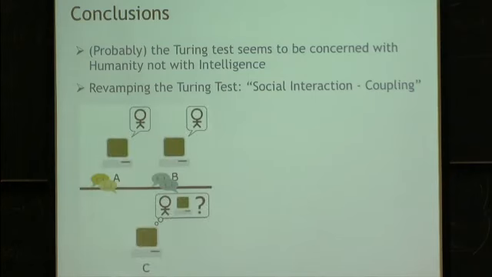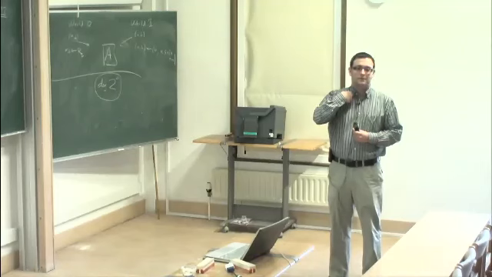As a conclusion, just to finish because I'm running out of time, we think, from our humble point of view, that the Turing test in its initial setup had to do with humanity. If we can grasp some idea of whether what we have in front is a human or not, okay?